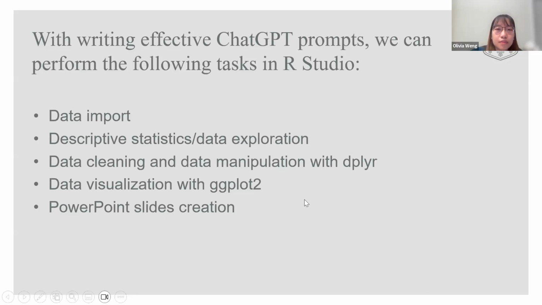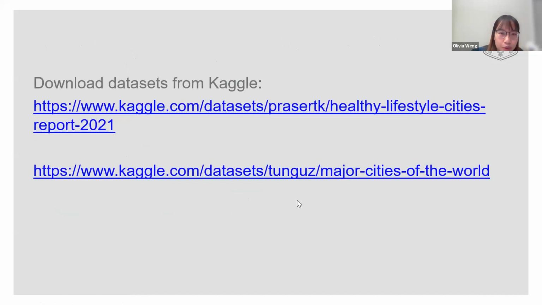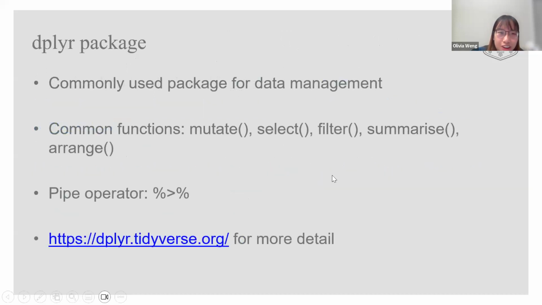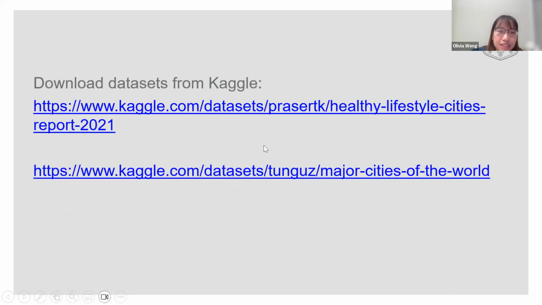Because this is a workshop designed for R beginners, these two packages, the dplyr package and the ggplot2 package, might not be familiar to you. That's why I will introduce them later. But first, these are the two data sets that we are going to use from Kaggle. Kaggle, I think, is an online community for people to upload their data sets and their code.